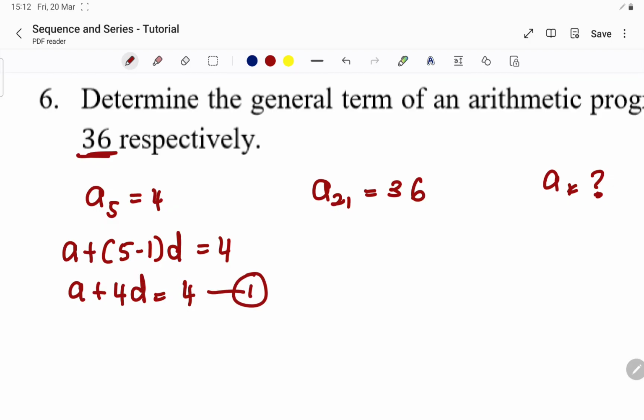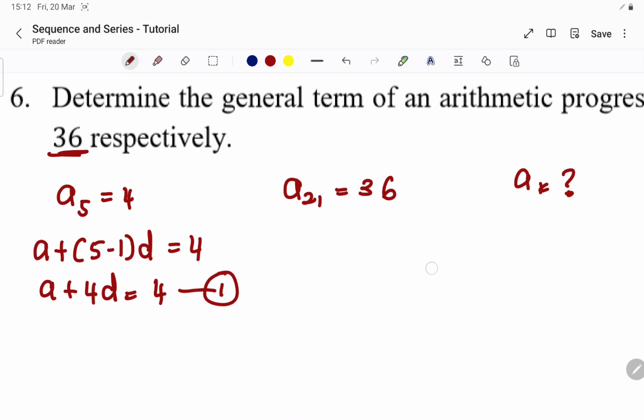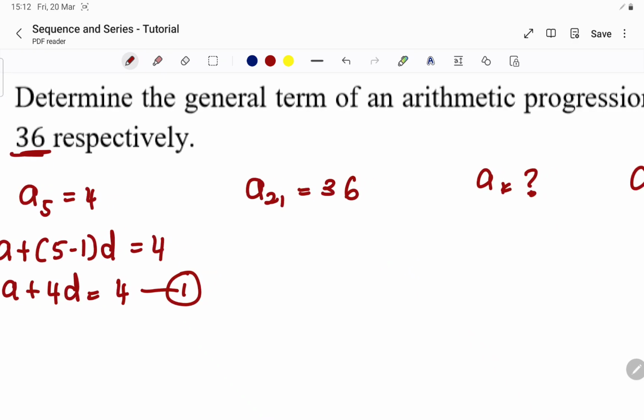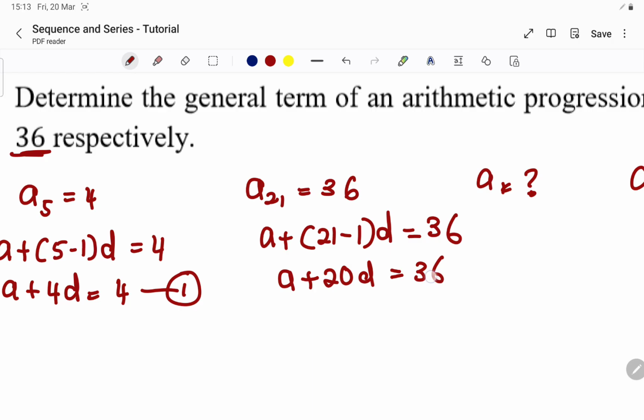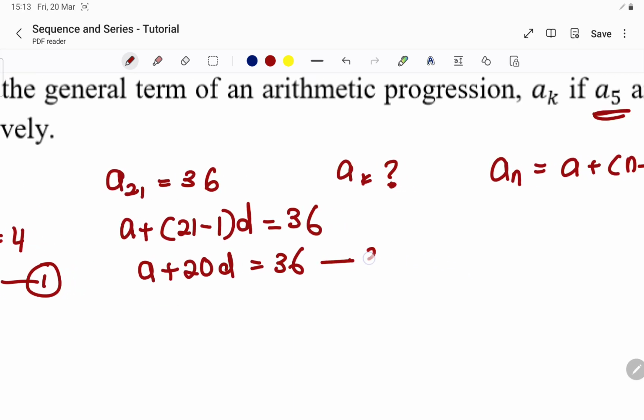So this is the first equation you have. The next one, you have A21 equal to 36, where you will get A plus 21 minus 1 multiplied with D equal to 36. Okay, here by right you will have A plus 20D equal to 36. This is your second equation.